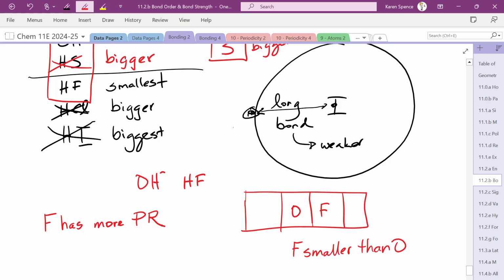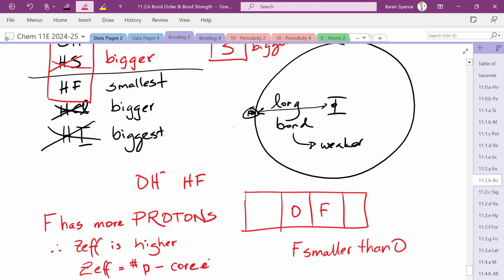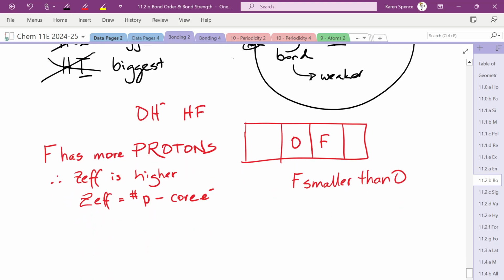F has more protons. Therefore, Zeff is higher, and therefore, the force of attraction is greater, since Coulombic attraction is proportional to charge.